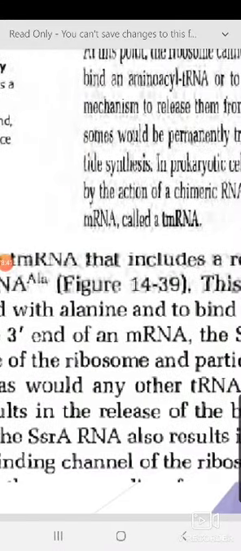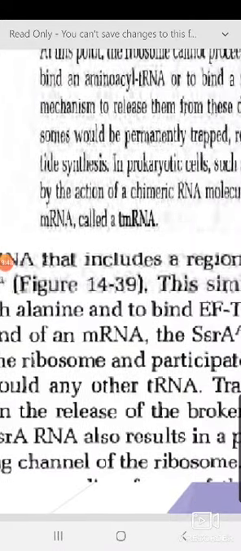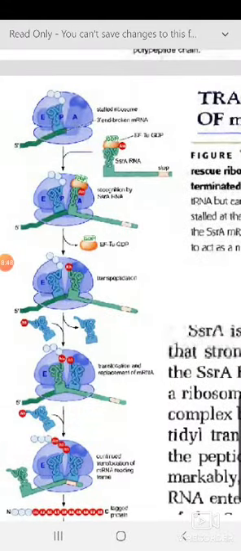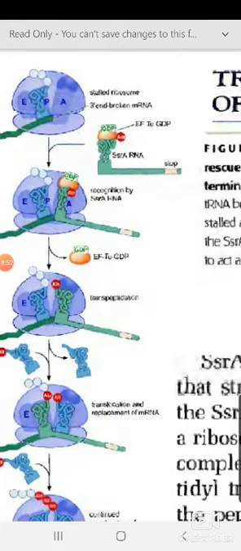So that's named tmRNA. Remember, who is coming to rescue this situation? This is called a chimeric RNA. They named it tmRNA because partly it resembles tRNA, and the other part has mRNA-like similarity.